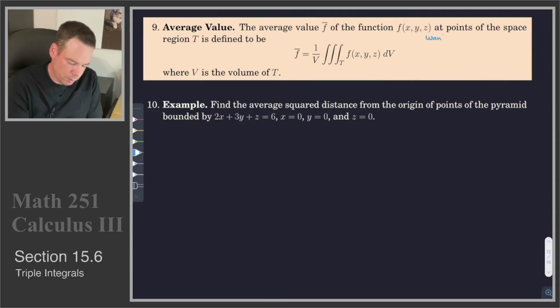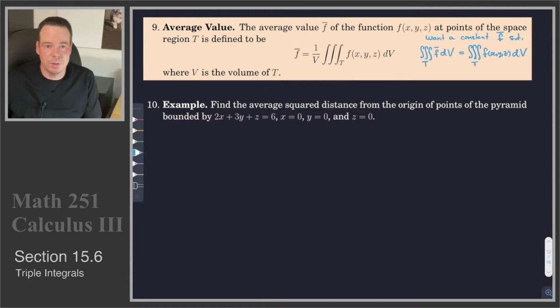In this case we're calling the constant f bar, and we want this constant to have the property that if we integrate it over the whole region T, we get the same value as if we were to integrate the function itself, f of x, y, z, over the whole region T. Integrating our function over the whole region would be the same as integrating this constant over the whole region. That would be the average value.